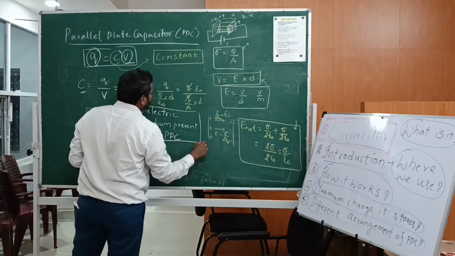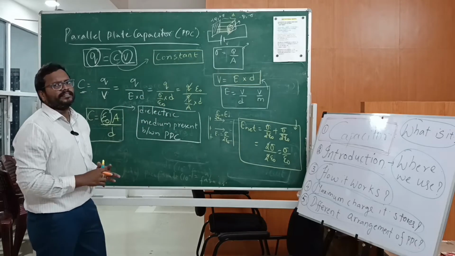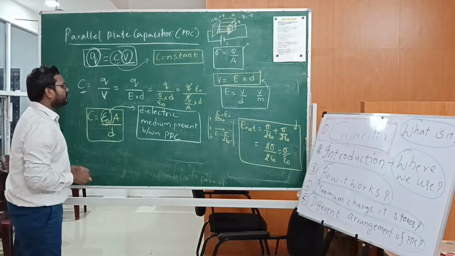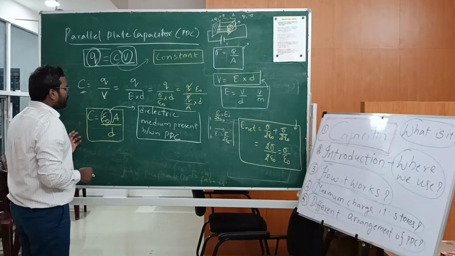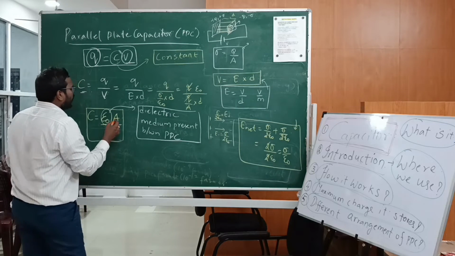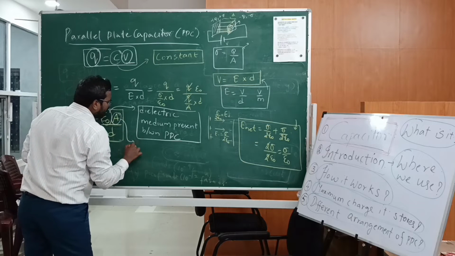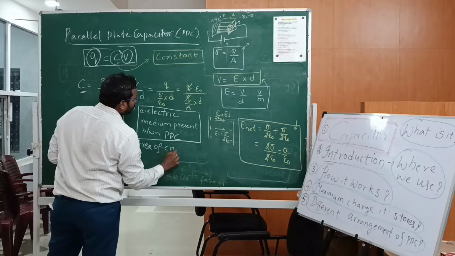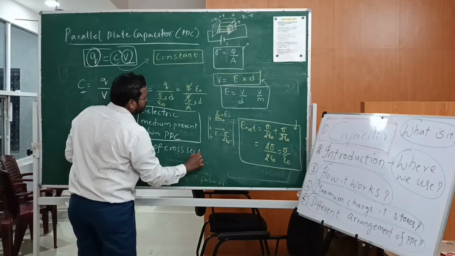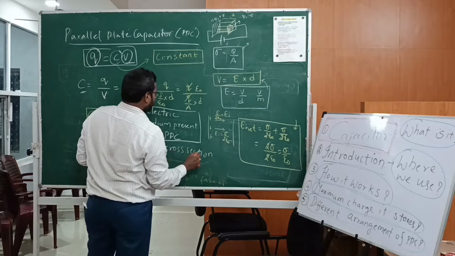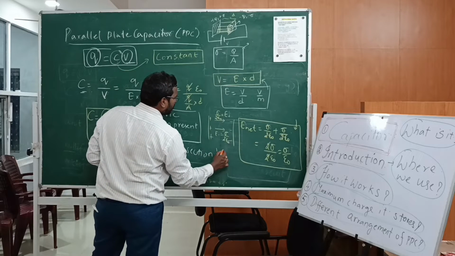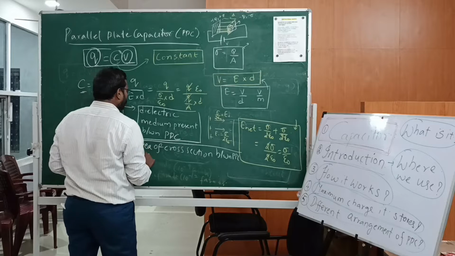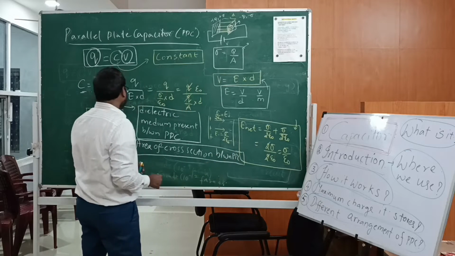Between them there is a dielectric medium, and the capacitance depends on this dielectric medium, and also on the area of cross section between the plates. Area of cross section of the PPC, the parallel plate capacitor only we are discussing. The capacitance of the capacitor depends on these.